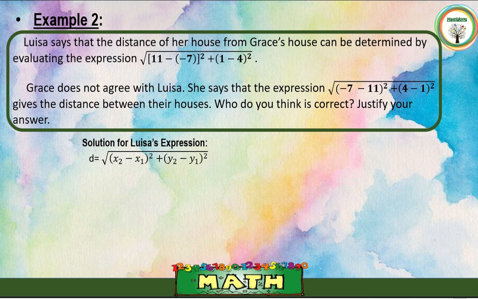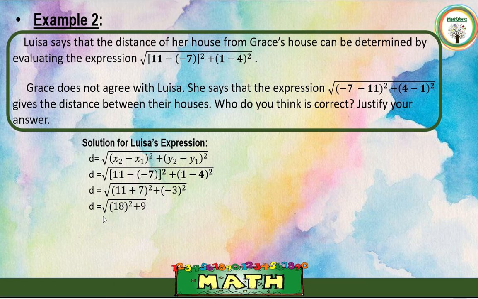By using the formula, substitute the values. So this is Louisa's expression. D is equal to the square root of, again, the quantity of 11 minus negative 7 squared plus the quantity of 1 minus 4 squared. D is equal to the square root of 11, so negative times negative is positive, plus 7 squared, plus 1 minus 4 is equal to negative 3 squared.